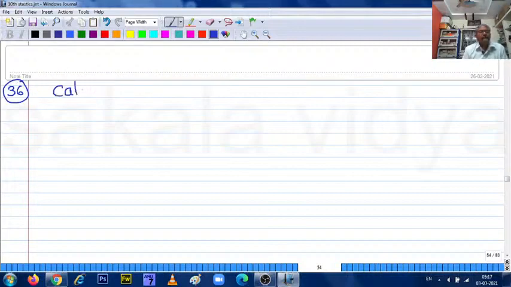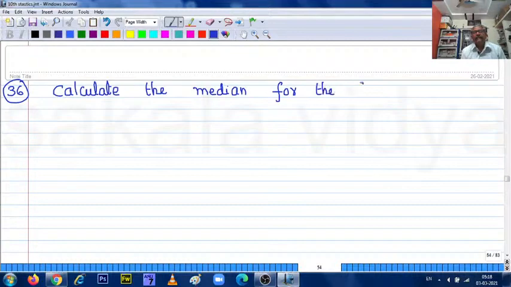Calculate the median for the following distribution.